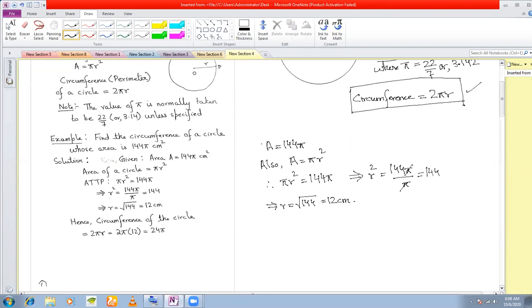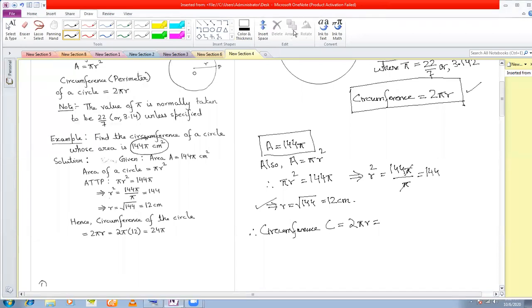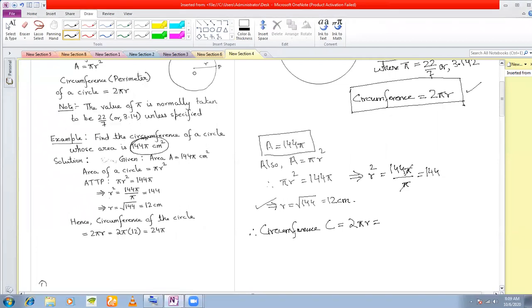So you see here that from the given area we have calculated the radius. And now from this radius we can calculate the circumference. So therefore circumference, if we call C, is equal to 2 pi r. Since the value of pi is not given, and the area is given in terms of pi, 144 pi, therefore we shall express the circumference also in terms of pi.